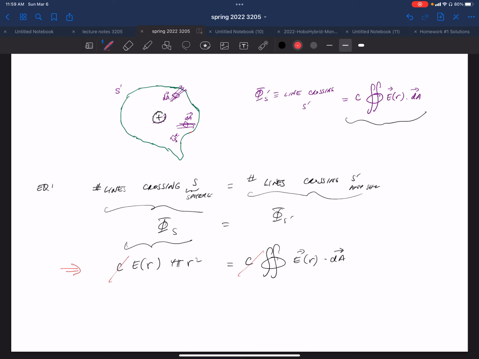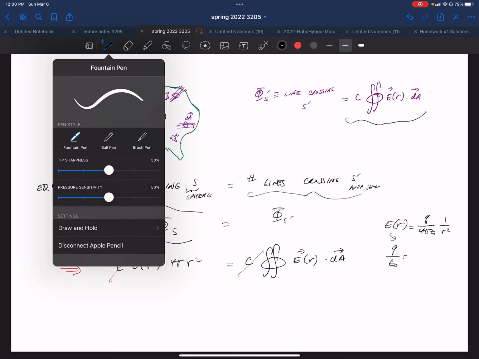Okay, so now again, I'm going to remind you that the expression for electric field is Q over 4 pi epsilon naught, 1 over R squared.